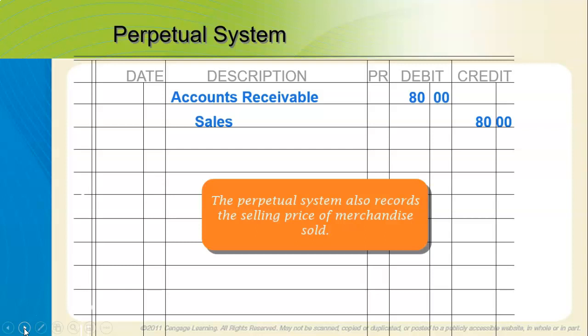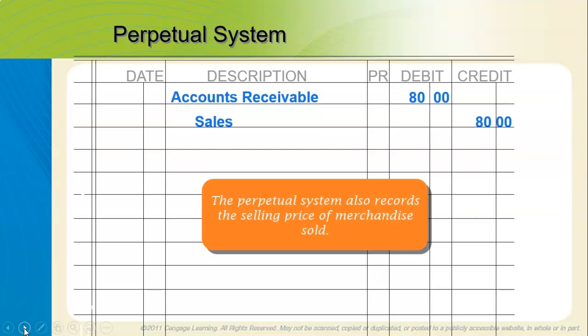Now, in the perpetual system, we have the same journal entry for the sale to the customer part. We're going to debit accounts receivable, or if we had received cash for the sale, we would debit cash for the $80 and credit sales, just like we did on periodic. Only now we also have to figure out the cost, and that cost has to be credited.